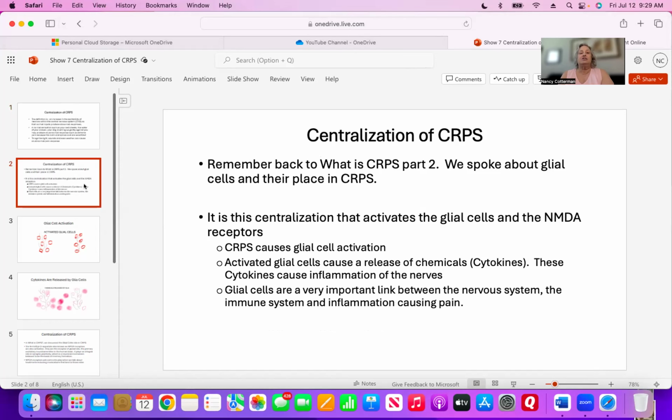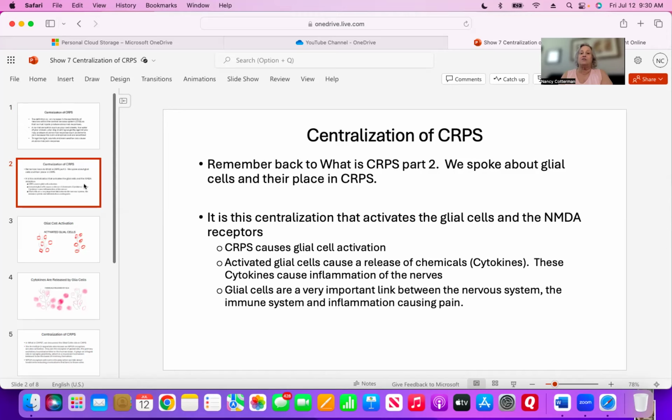Remember back to what is CRPS part 2, when we spoke about glial cells and their place in CRPS. It is centralization that activates the glial cells and the NMDA receptors. CRPS causes the glial cells to activate.